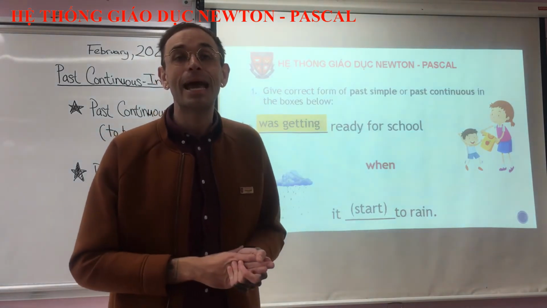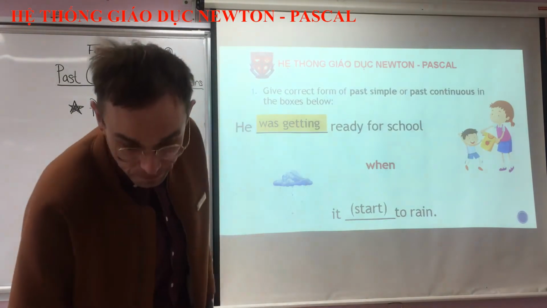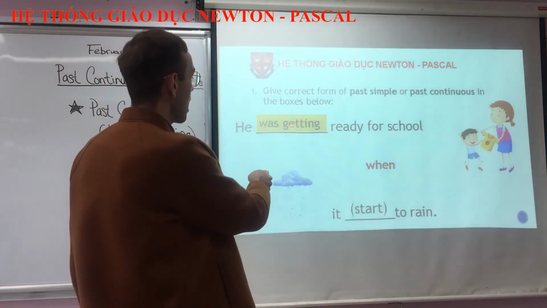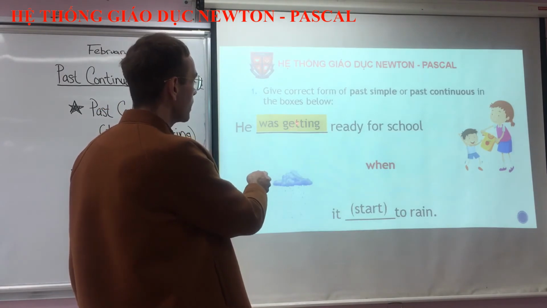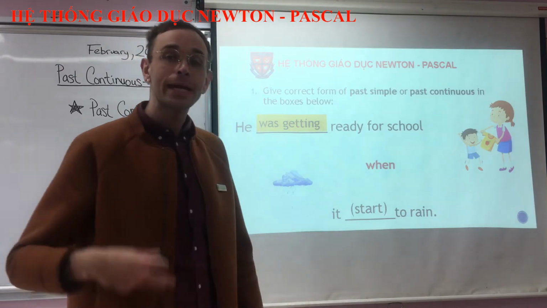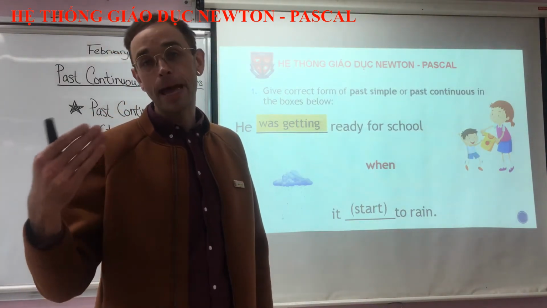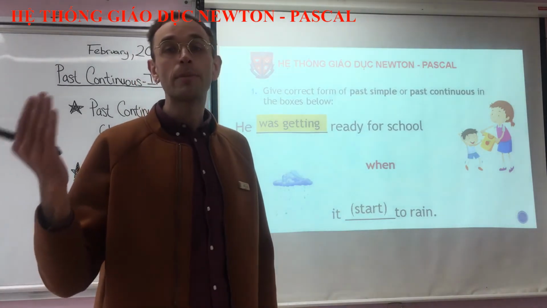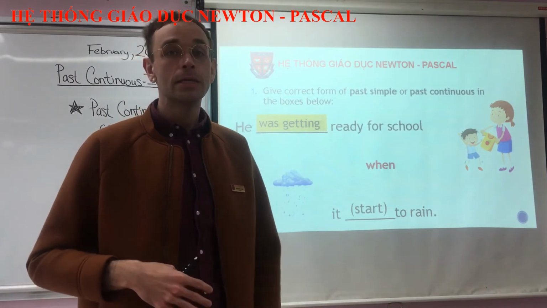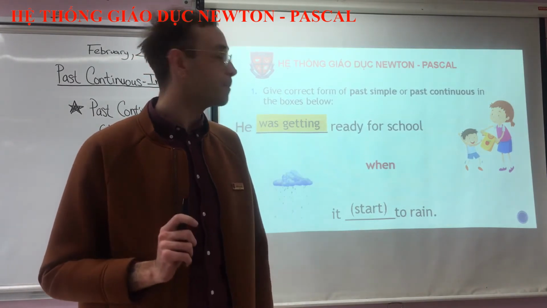Since get has one clap, get is a one-syllable word. If we have a one-syllable word with a vowel and then a consonant, when we change this verb into a past tense verb, like past continuous, we must double the last letter, right? So getting has double T at the end, all right?